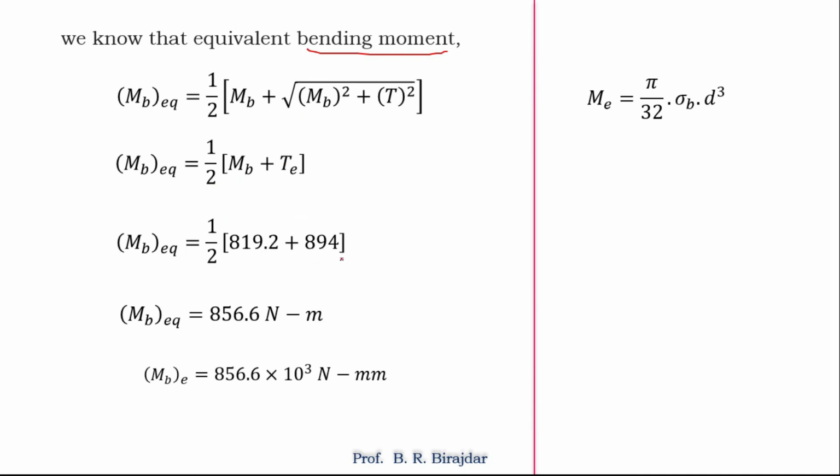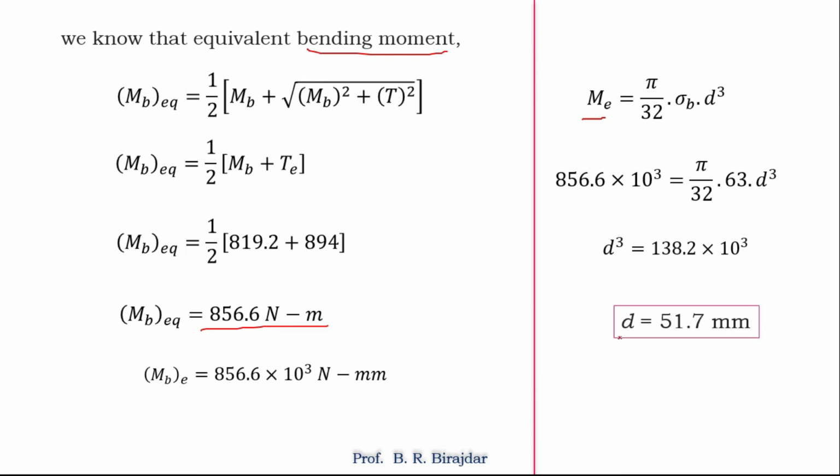By putting all these values, we get the maximum bending moment, and the equation of the maximum bending moment is pi by 32 sigma b d cube. In a similar way, we then get the diameter 51.07. So the first one we calculated based on the equivalent twisting moment, and the second one based on the equivalent bending moment, right? In this way we found the diameter.